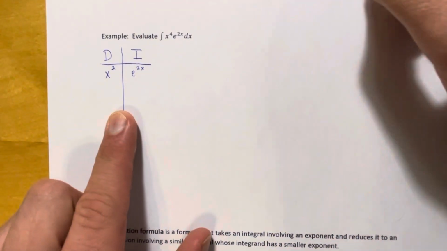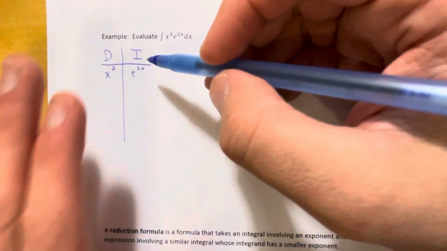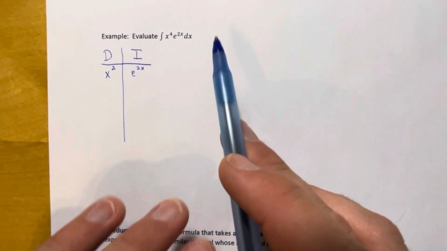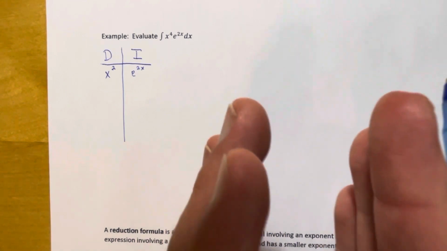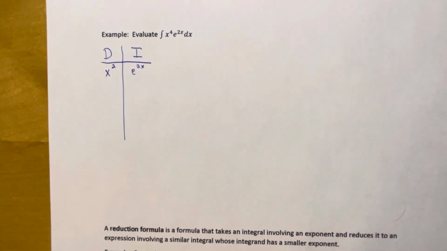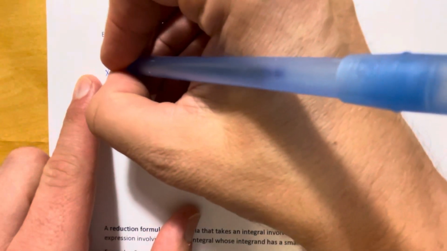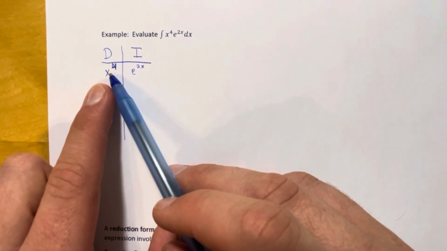Now think about this for a second. Remember what I said. When we're doing integration by parts multiple times, what we end up with is a bunch of terms which you can think of as all of these uvs that appeared in each step of that process. So if this is my u that I would have chosen, I don't know why I wrote a 2 there. It should have been a 4. If this was my u, then what would my v end up being?